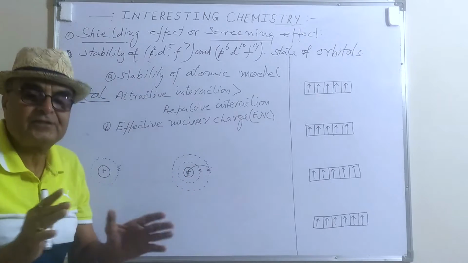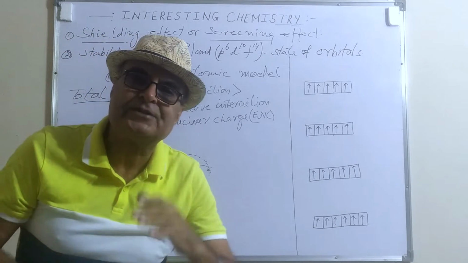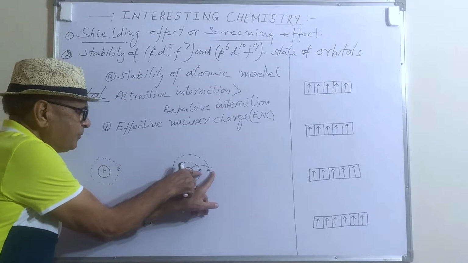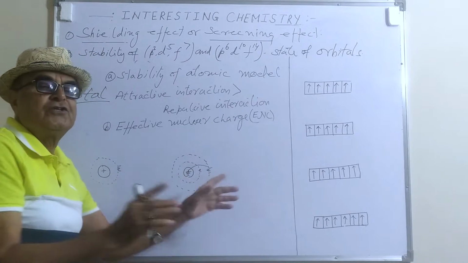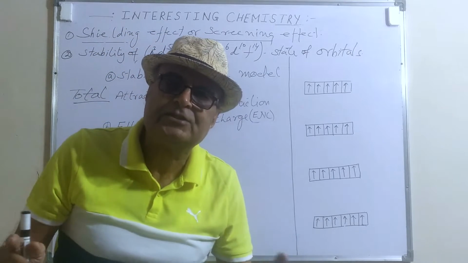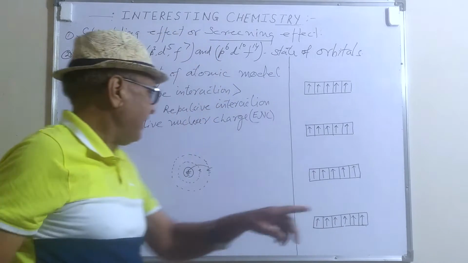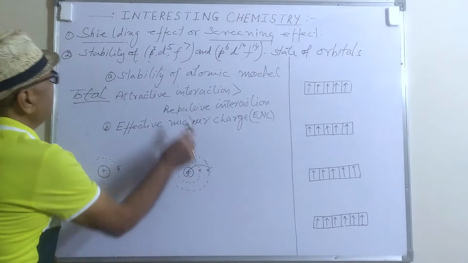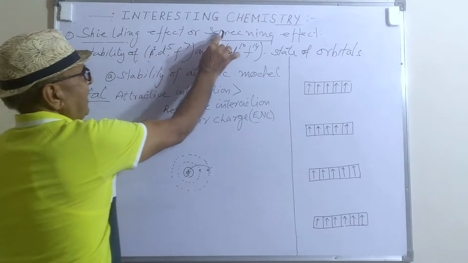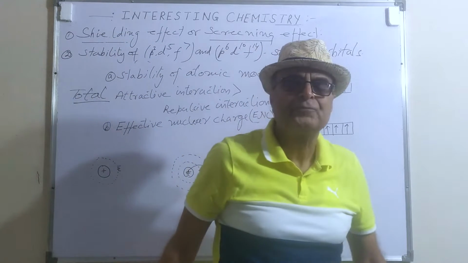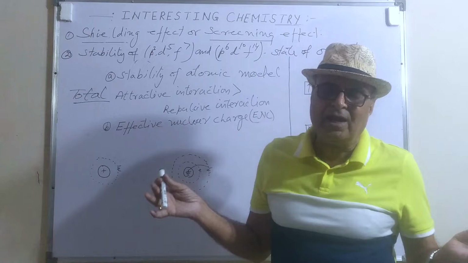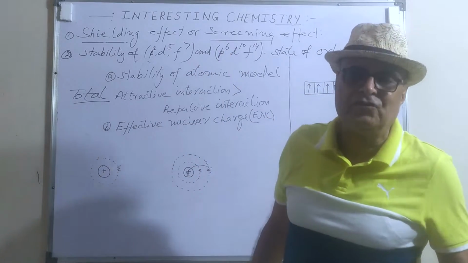So the net positive charge experienced by the outer shell electron in the presence of the inner shell electron is called ENC, that is effective nuclear charge, and the effect of this electron is called the shielding effect and the screening effect. I think you have understood the screening and the shielding effect.